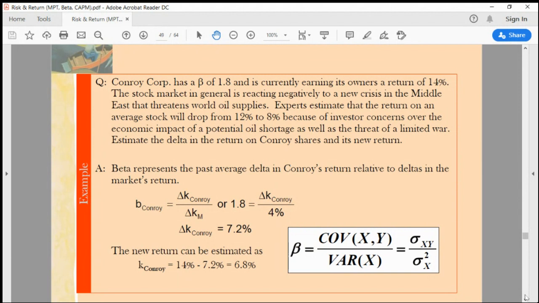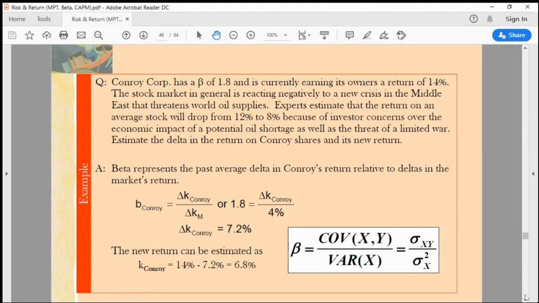If the market is doing well, you want your portfolio to replicate the market's result or better. I mean, if the portfolio beta is 2, yeah, the market goes up by 10%, your portfolio will go up by 20%.